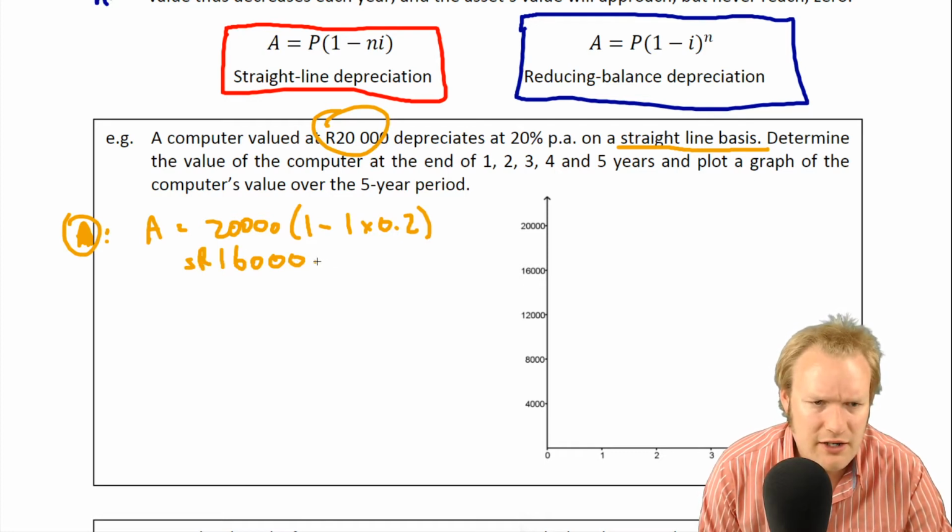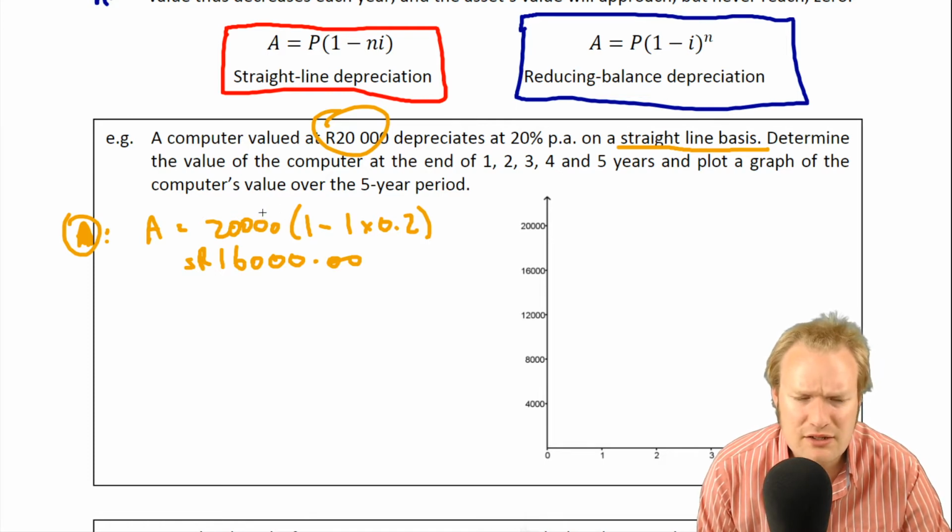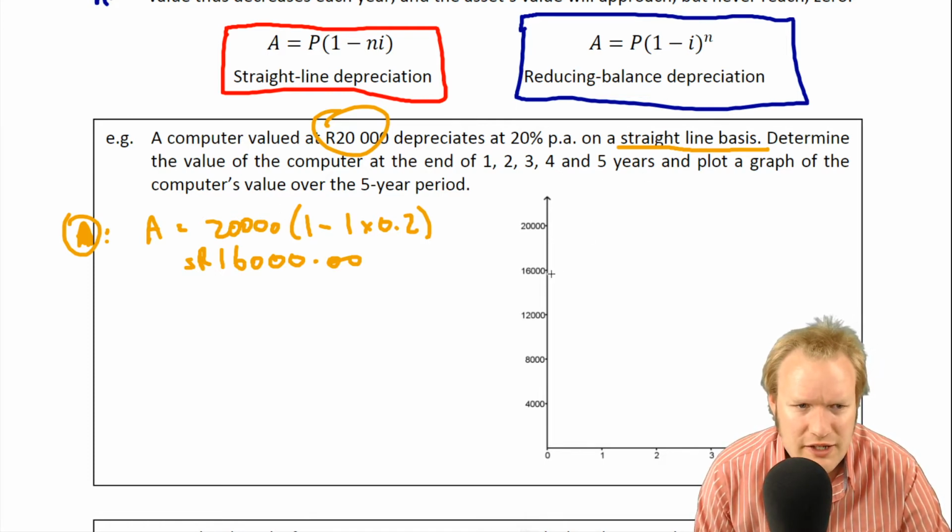And if we didn't have our formula, well, 20% is a fifth, so a fifth of 20,000 is 4,000. So here we go. It started here at 20,000 and it got there.